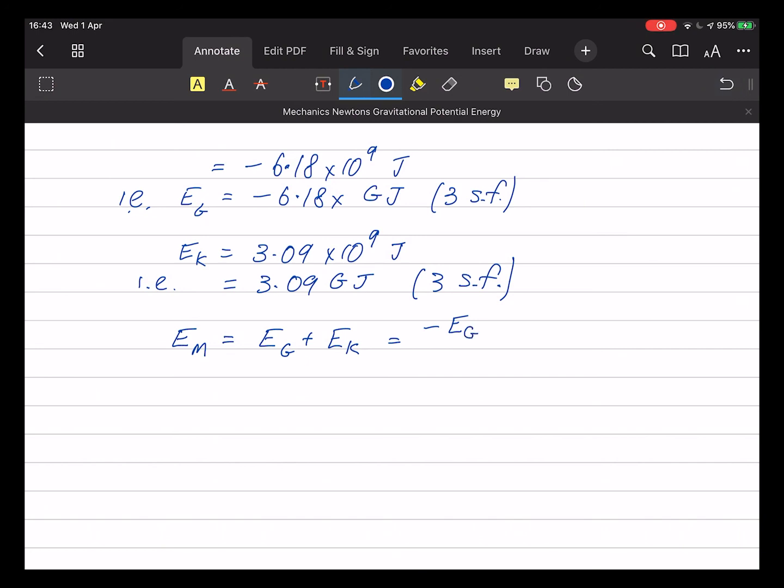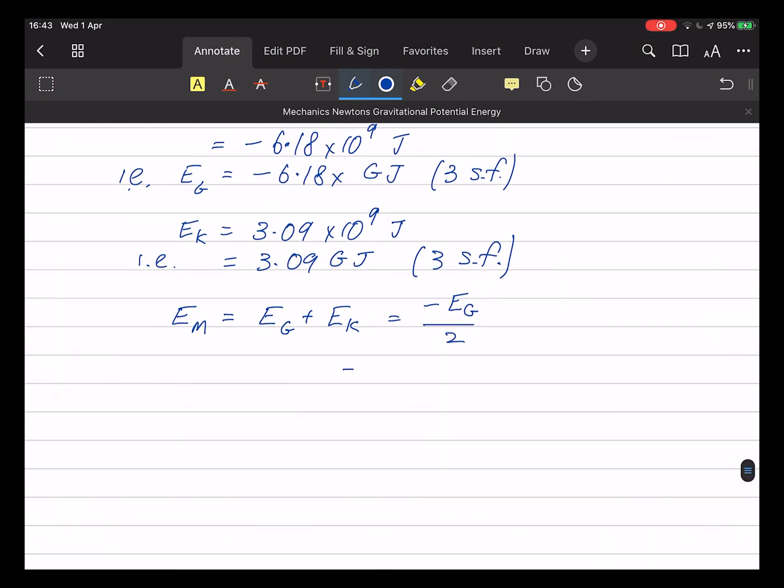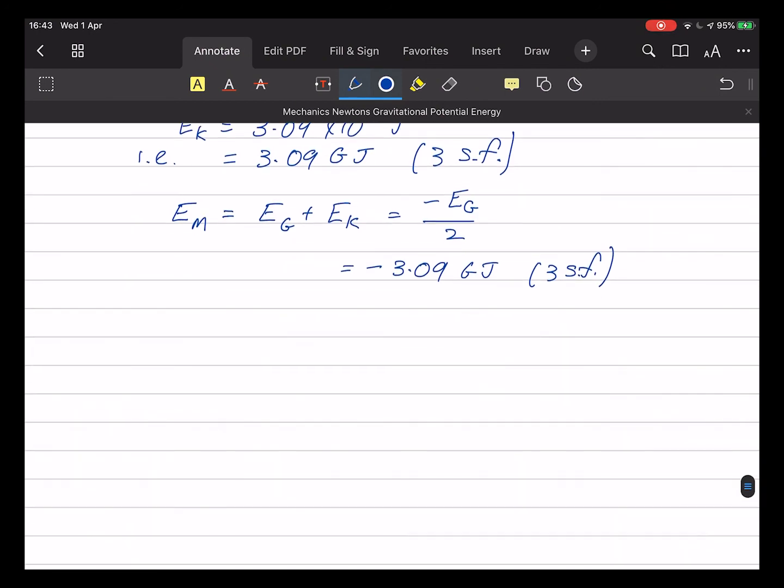Eg on 2, which is minus 3.09 gigajoules. All right.